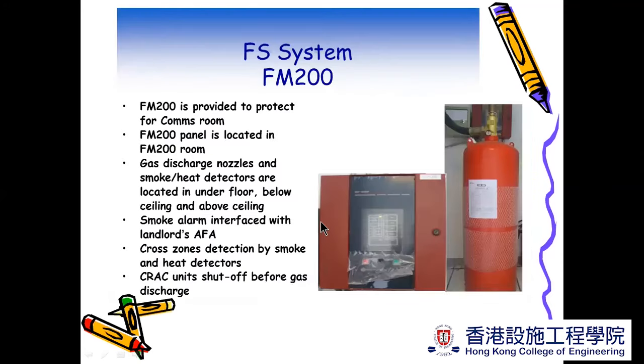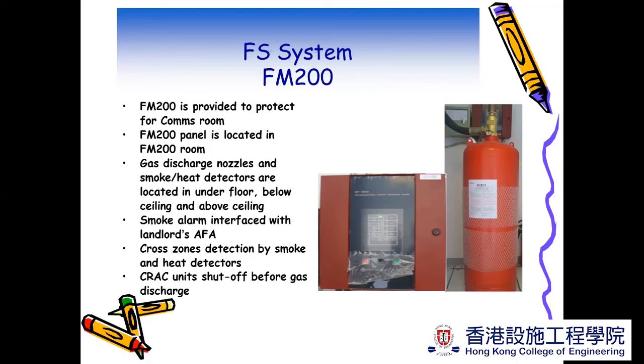FS system. Now here we use the FM 200. FM 200 is quite common in inert gas. In case of this fire, this FM 200 gas will start to spray onto the comms room. The gas discharge nozzle with smoke and heat detectors are located inside and also under the floor, below the ceiling or above the ceiling as well.